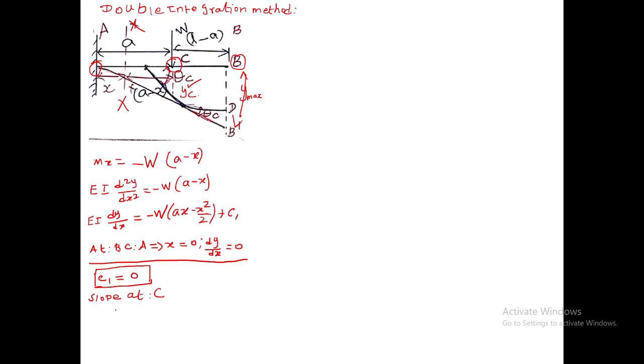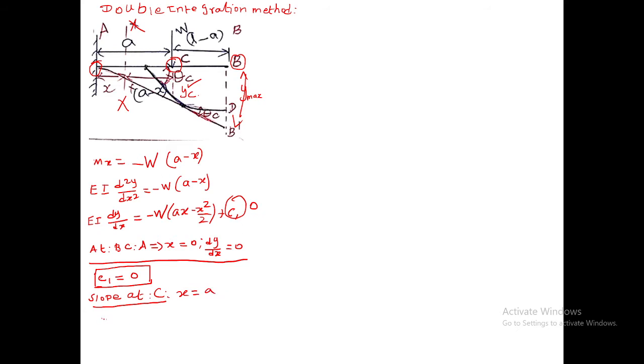Slope at C. So C1 equal to 0. The distance to C is x equal to a.